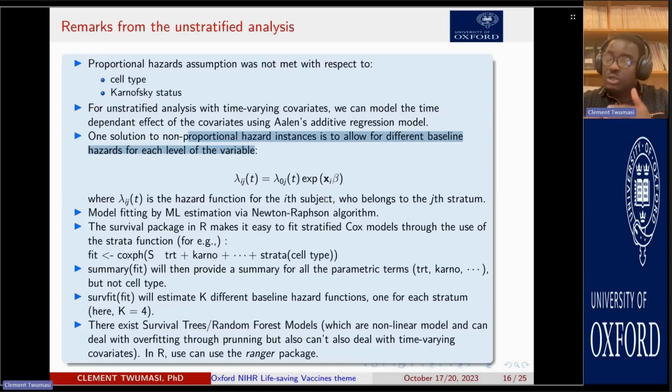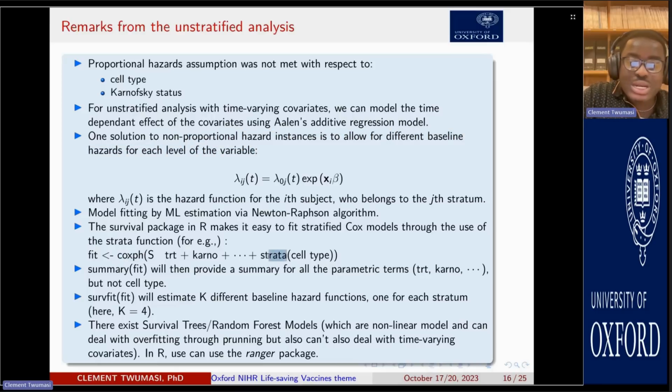But when you do that, it means you can't make any inference about that particular stratum or that particular variable that didn't achieve the constant hazard, so that is something you need to know. So in R, we can use this coxph function.